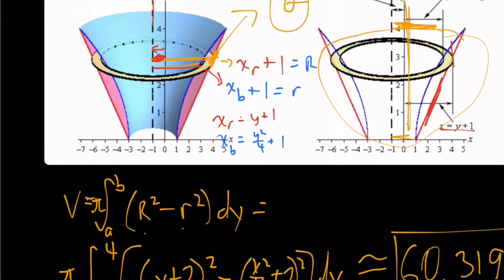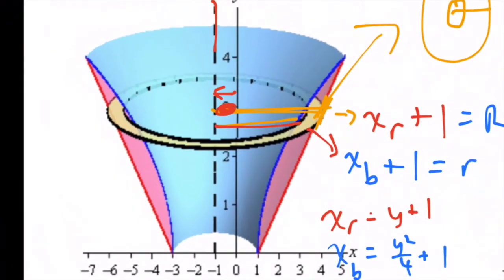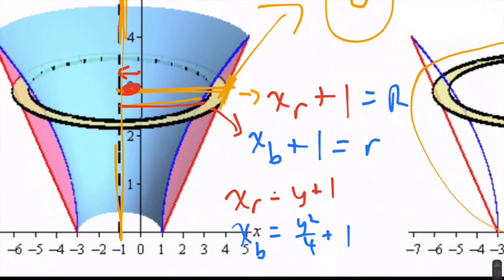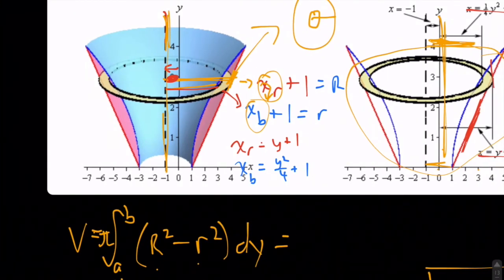Just to recap, what we did here is that since this axis of rotation was shifted one to the left, we see that the outer radius and the inner radius were increased by 1. So first we find a function to resemble the outer radius and the inner radius in terms of y, because we're integrating with respect to y.